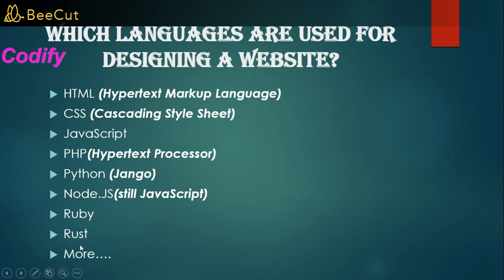Now you'll be like, oh come on, am I going to learn all these things before I start building my own website? No, you don't need to know all those things. Here we're going to teach you how to use HTML and CSS. If you know HTML, CSS, and maybe a little JavaScript, you can even start working remotely.